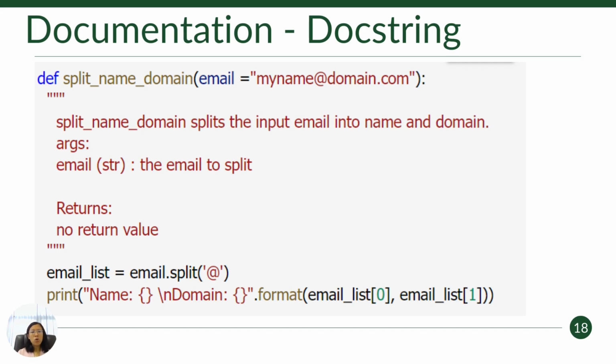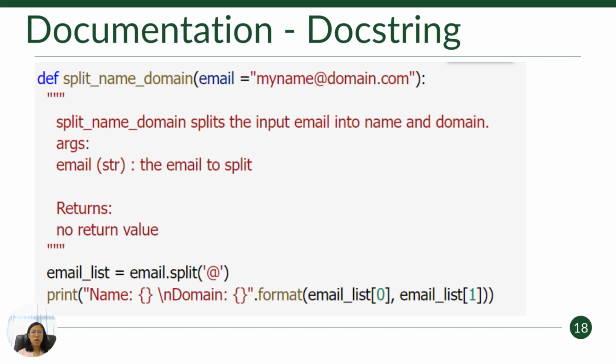The docstring is written under the function definition, using triple quotes. You can see that when you write the quotes, the color changes to red. The first line gives you the function purpose: split name domain, split the input into name and domain. So it's a description of what the function does.